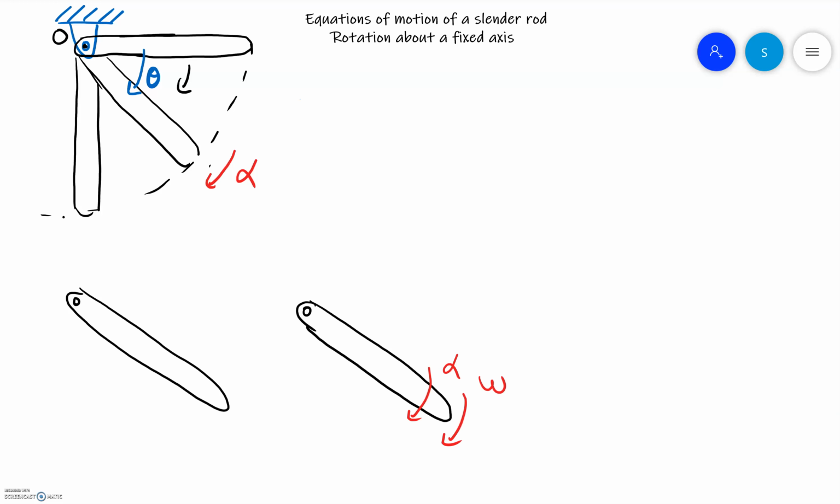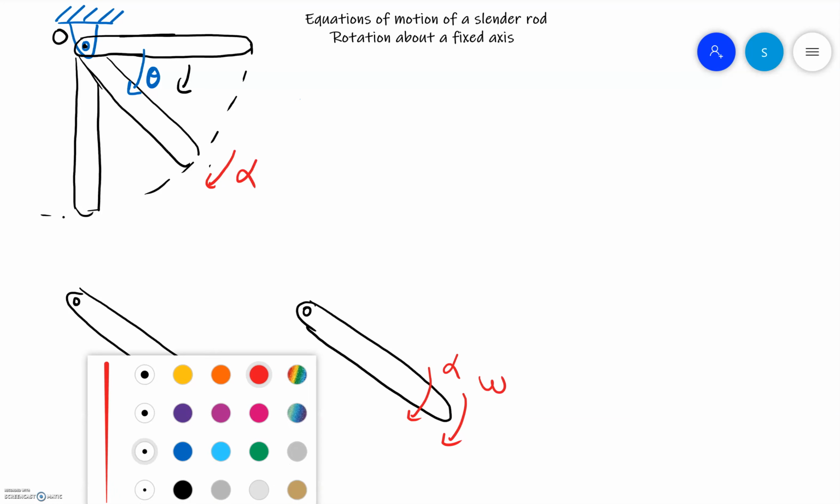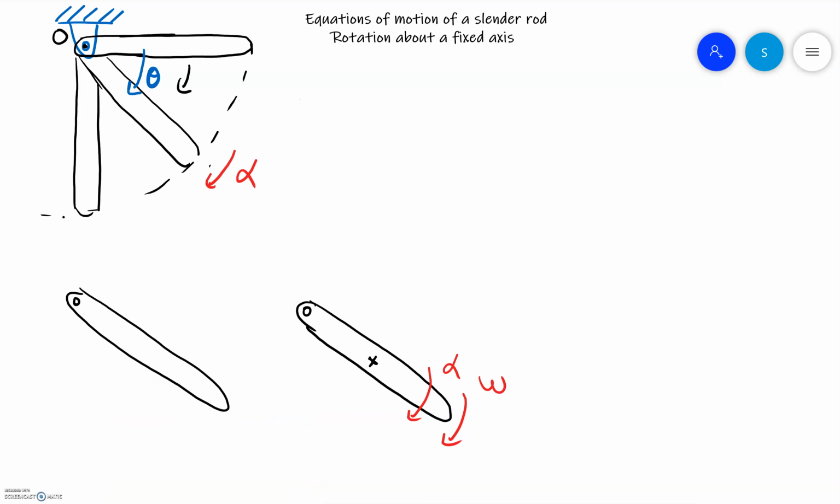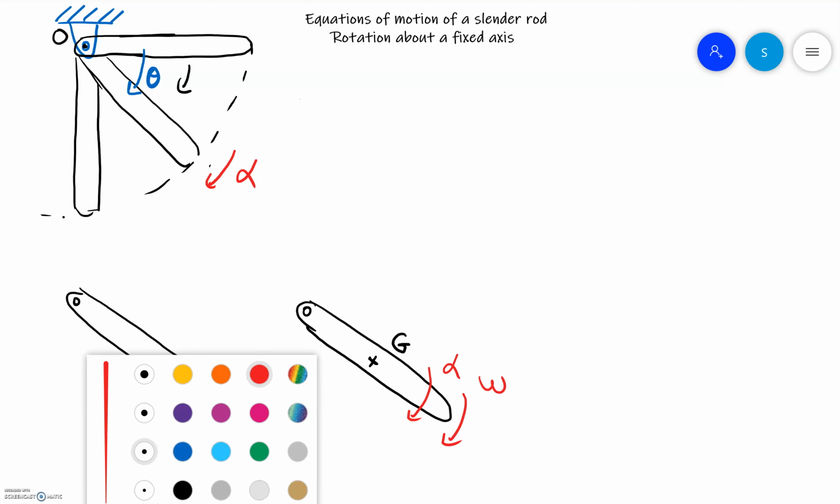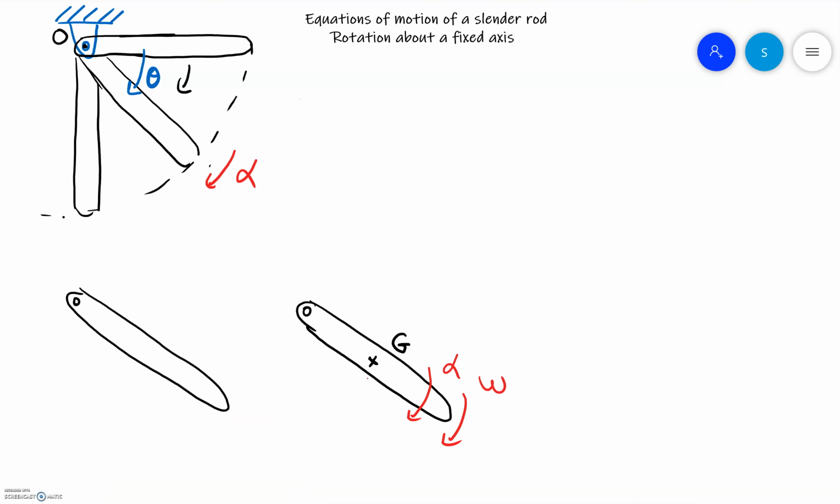Okay. Now we are on the body, so we need to use the acceleration at G. So let's draw the point G. It's in the middle there. That's my point G. Okay. And in rotations, our favorite axes are the normal and tangential axes and normal and tangential acceleration.